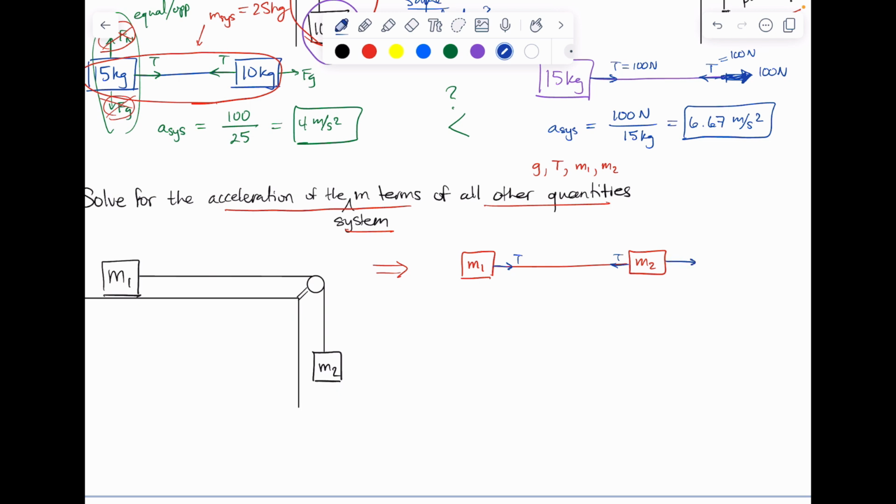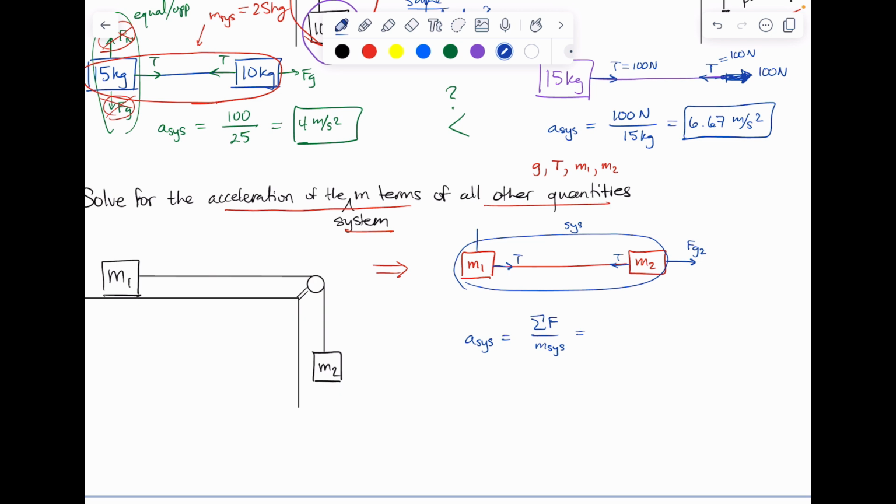The force of gravity of object 2 would be applied to the right there, and we would essentially treat this as our system, right? So, acceleration of the system equals the sum of the forces over the mass of the system. So what is the only force that is external to my system?